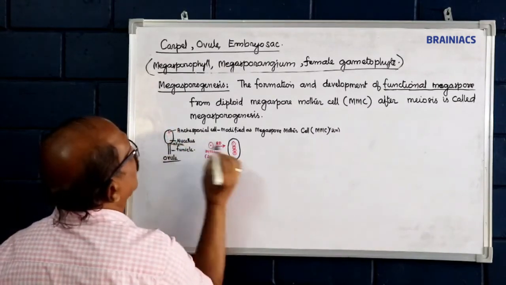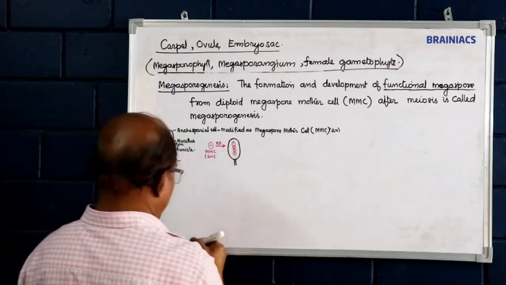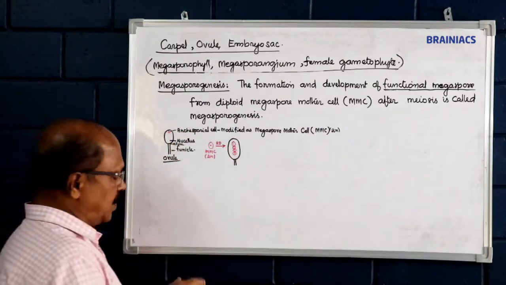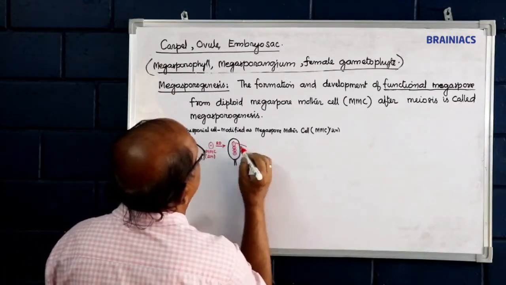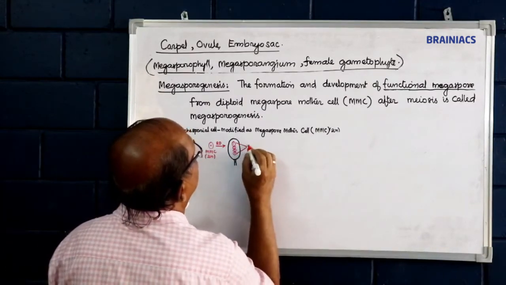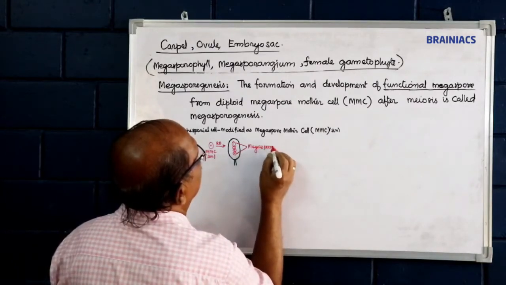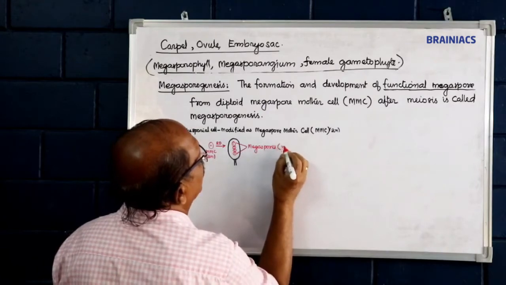These are all called megaspores. They are haploid.